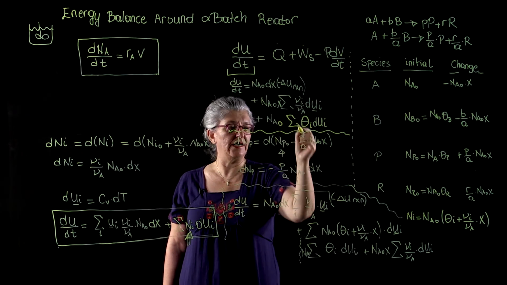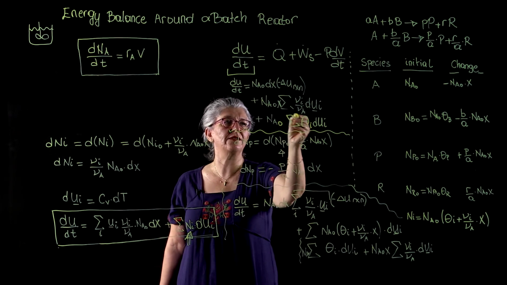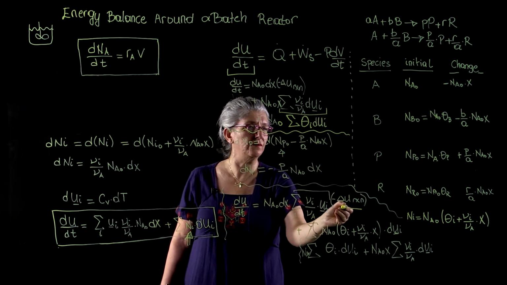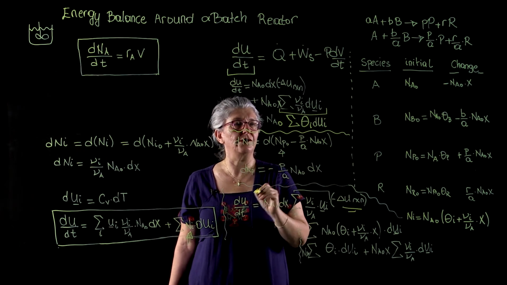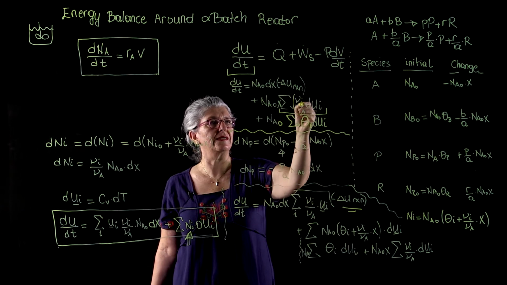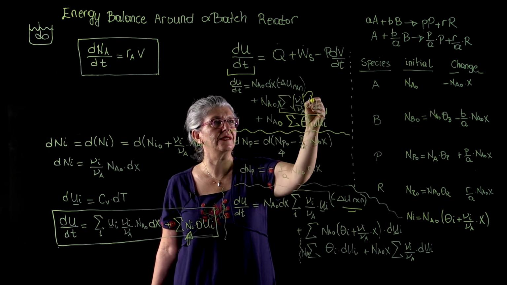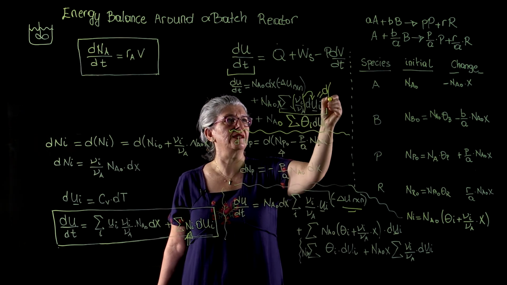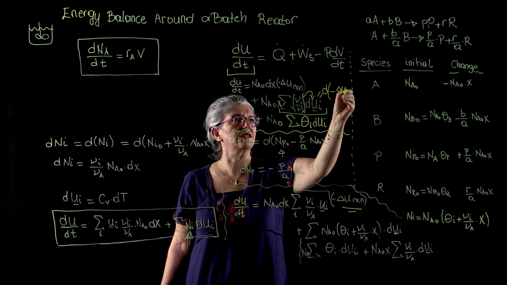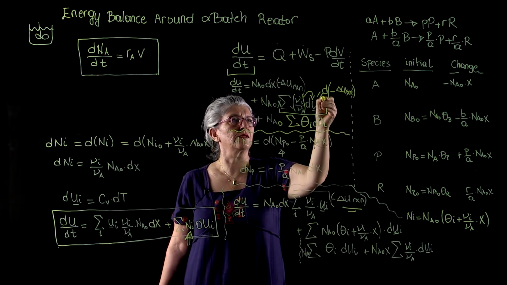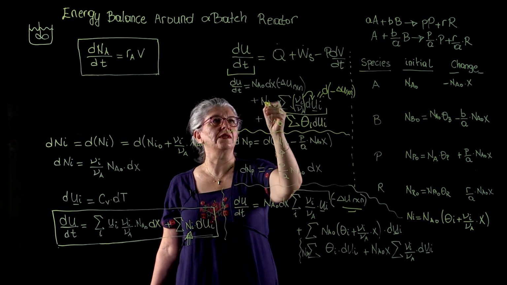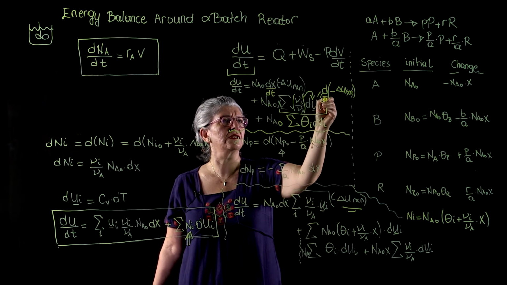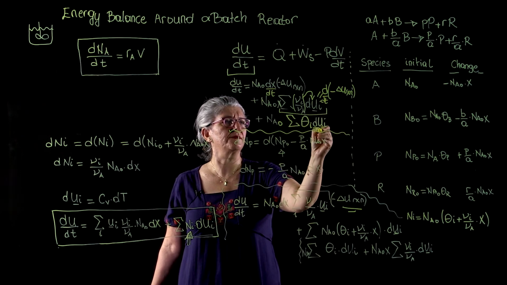This term has a striking similarity to this term. So if I just take these inside the derivative sign, I obtain d minus delta U reaction. All right? dx over dt, we have to be precise, d over dt, dui over dt.